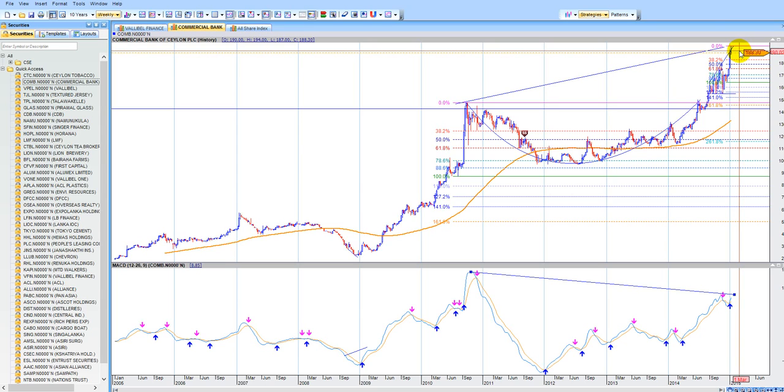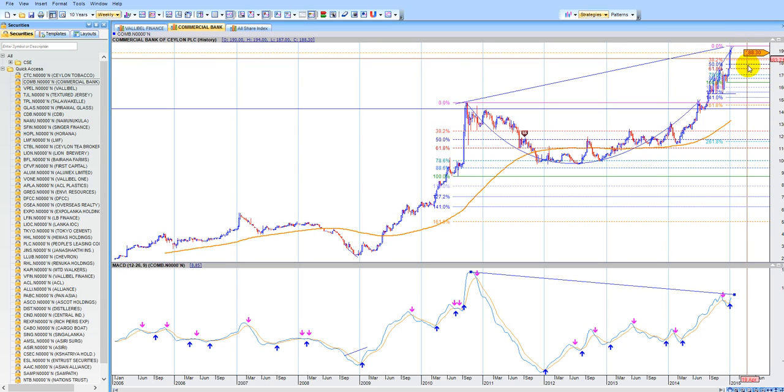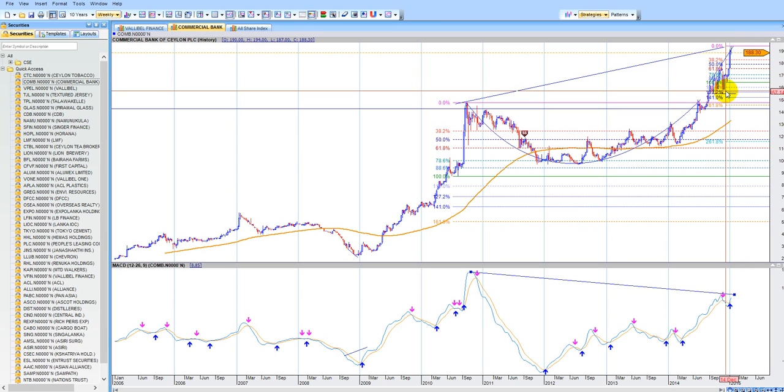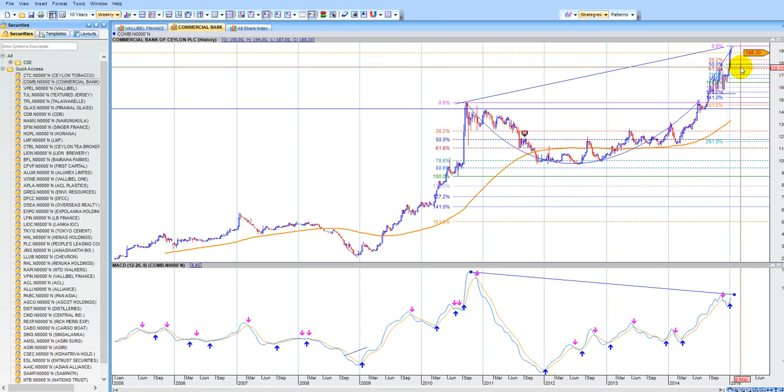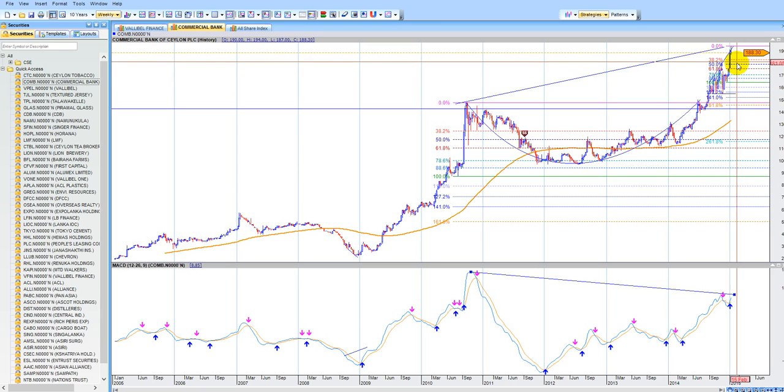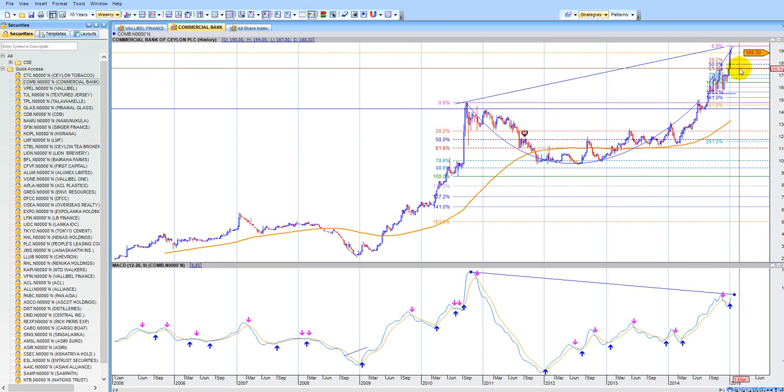So we should be very careful on that. So it's better not to enter right now for Commercial Bank. If you're a technical side trader, you should wait for some healthy correction, not a mere correction, a correction towards 61.8, and start accumulating if you have missed this run.